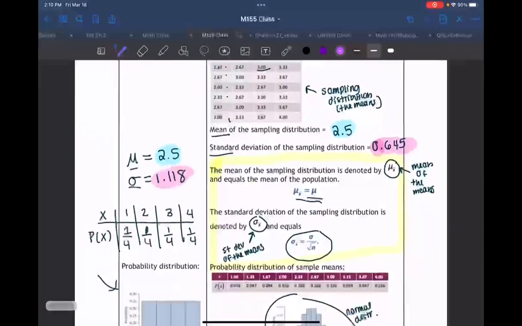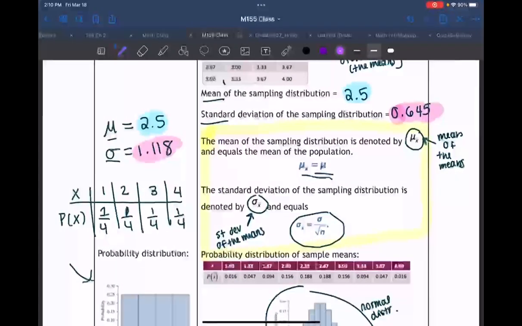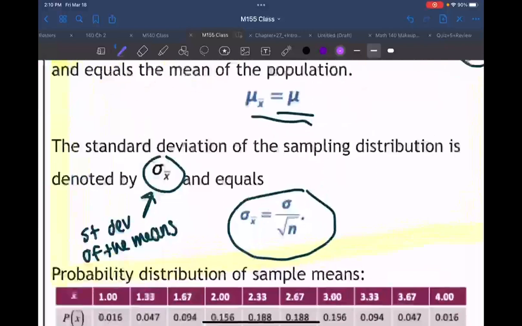We talked about the differences between the populations and the sampling distribution, or the distribution of the sample means. And we realized that the mean of the sampling distribution, the mean of the means, equals the actual mean, and the standard deviation of the means equals the standard deviation over the square root of n. These two formulas are very, very important.